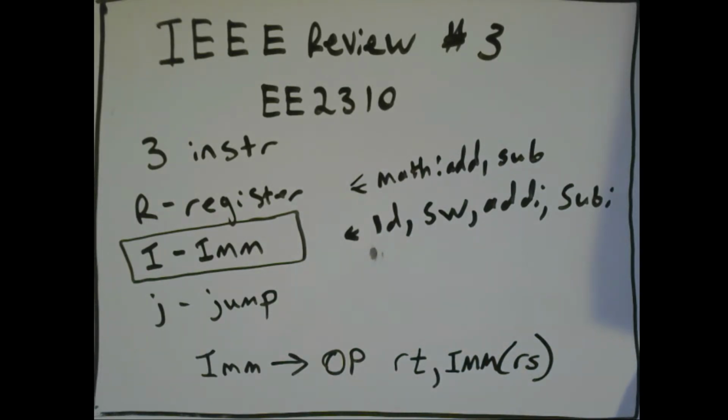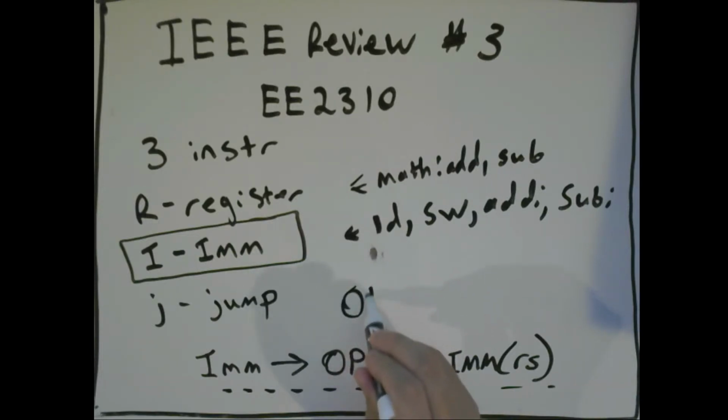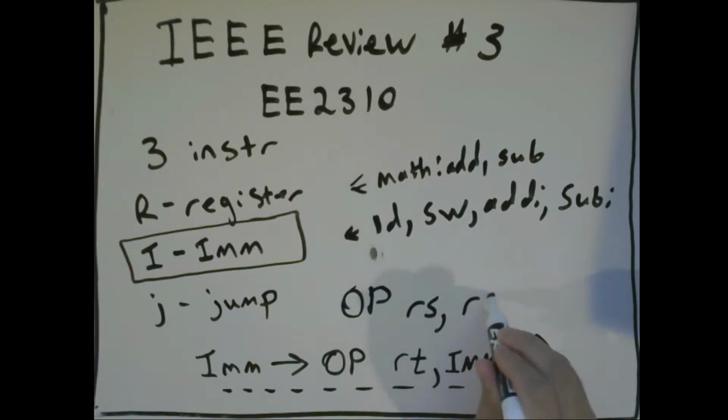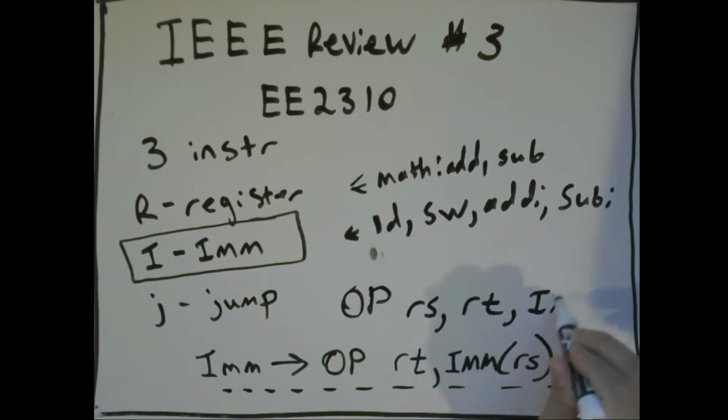So that's the general format of how that works. And that's how it's going to work if you've got like a load word and a store word. If you have like these arithmetic ones, generally it's written as the op. Then you have the RS, RT, then an immediate value.